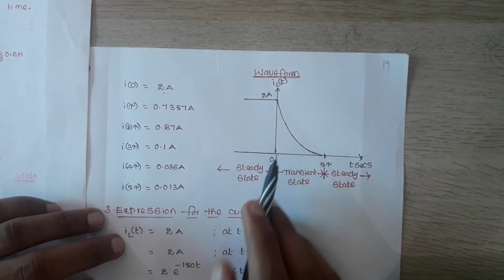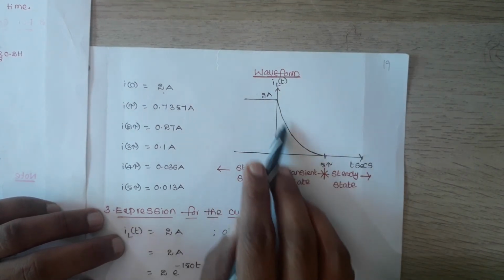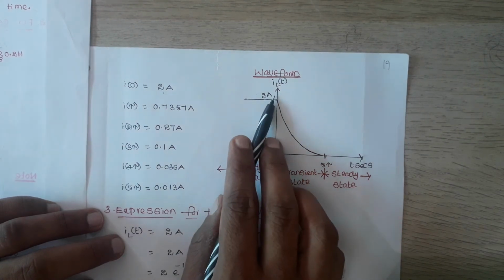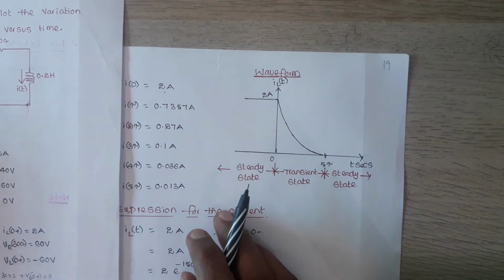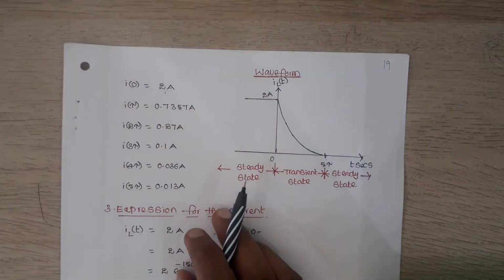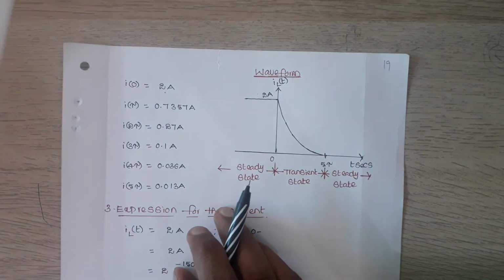After t equal to 0, the switch is moved from position A to position B. Now the current is decreasing in the circuit. It moves from 2 amperes to 0 amperes. So this is the circuit.